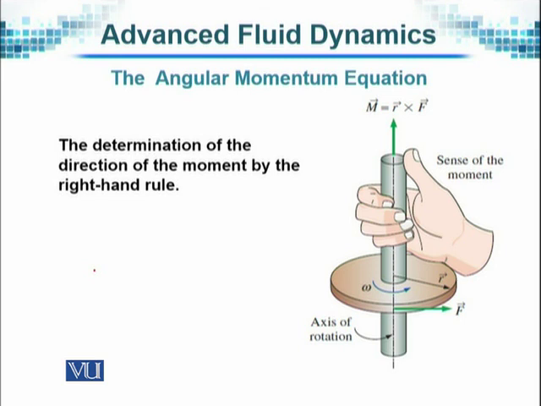As you can see, if we rotate it as r cross F in this direction, then the vector is moving in the upward direction, going upward in the z direction. And if we rotate it on the other side, the left hand direction, then the vector will be moving in the downward direction.